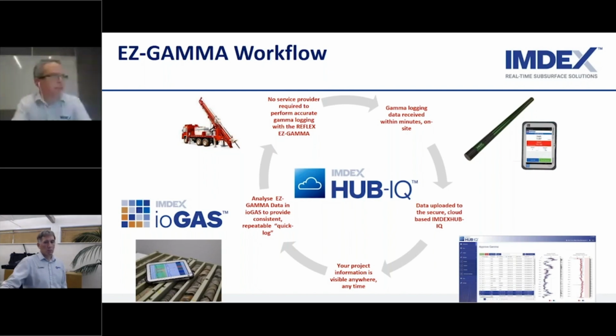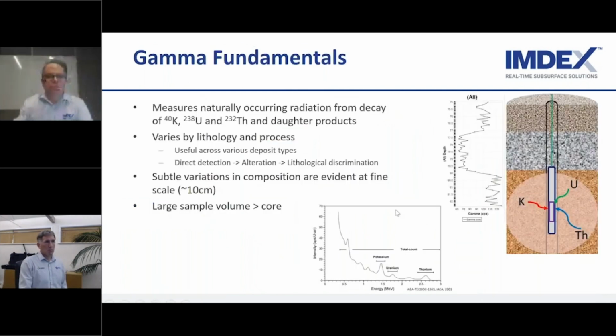So just firstly, some gamma fundamentals. The Easy Gamma probe is a total count gamma probe. So it measures a range in the gamma spectrum from just under 0.5 to about 3 mega electron volts. What this tool does is measure naturally occurring radiation from the decay of potassium, uranium, and thorium and their daughter products in the rocks surrounding that probe.